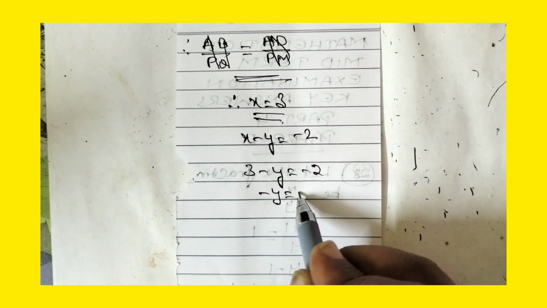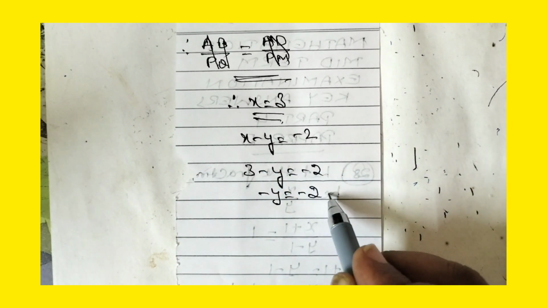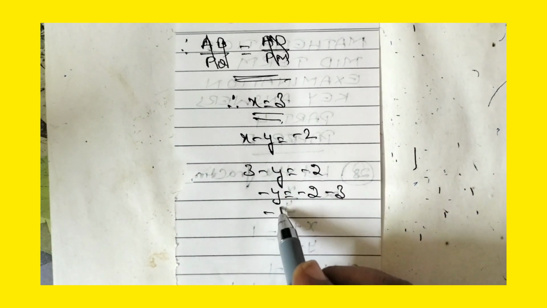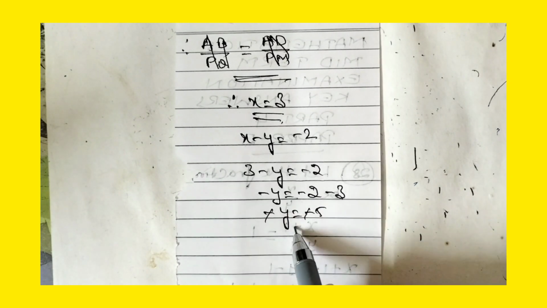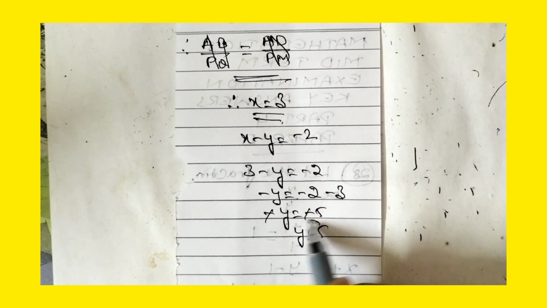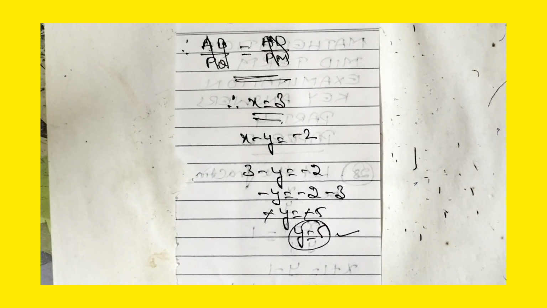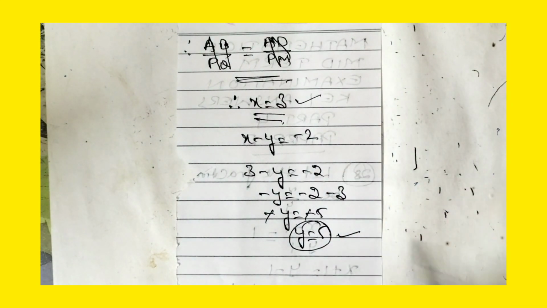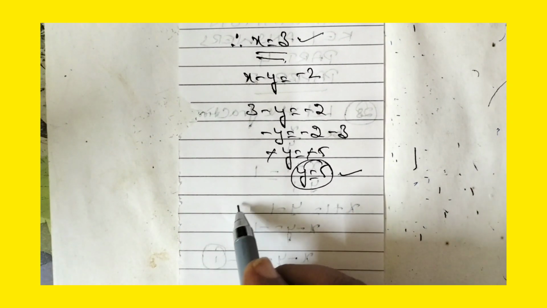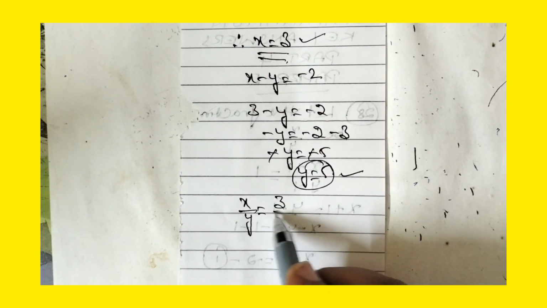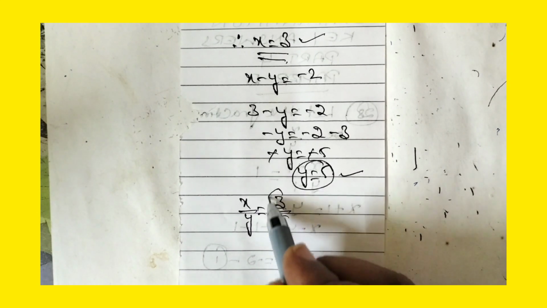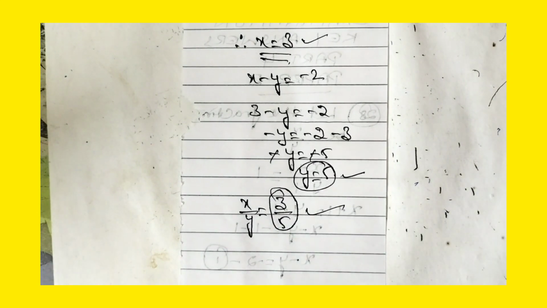Minus y is equal to minus 2 minus 3, minus y is equal to minus 5. Minus minus cancel, y is equal to 5. Therefore x is equal to 3 and y is equal to 5. So what is the fraction? X by y, so the required fraction is 3 by 5.